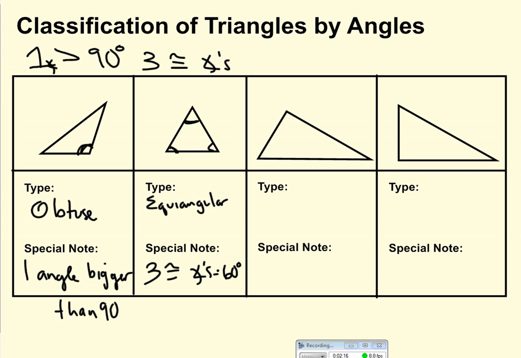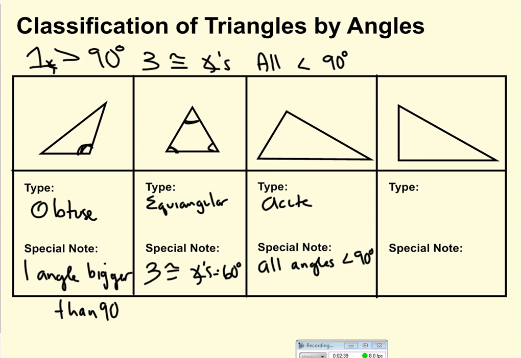This one has all acute angles, so that's what we call it. It's an acute triangle. So all we say is all angles are less than 90 degrees.